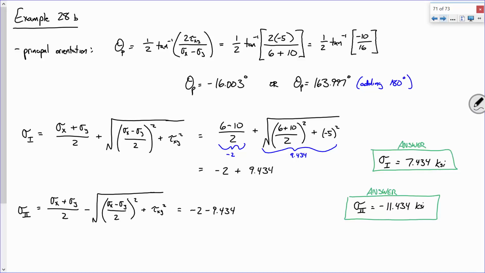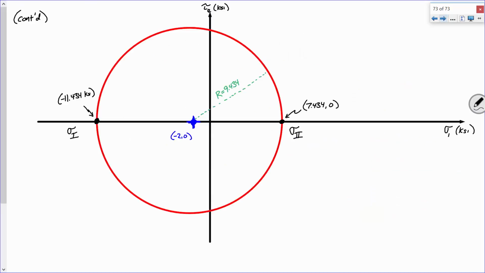If you want to be a purist, you can say that that's sigma 1 and that's sigma 2. But it doesn't really matter. All you need is the magnitudes, because as an engineer, all you want is that worst case scenario to compare against a factor of safety. All right. Everybody okay with this?